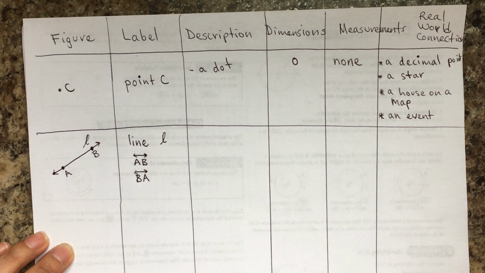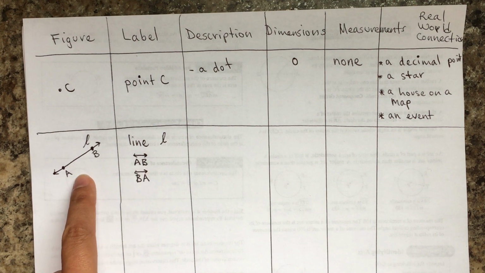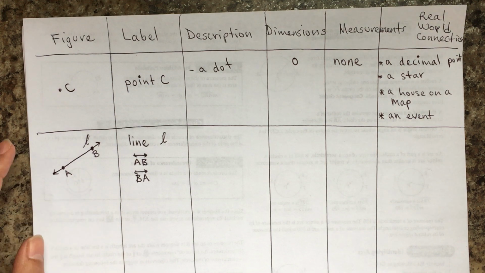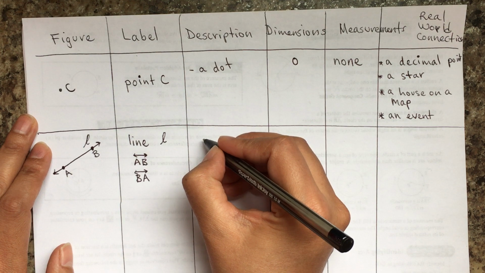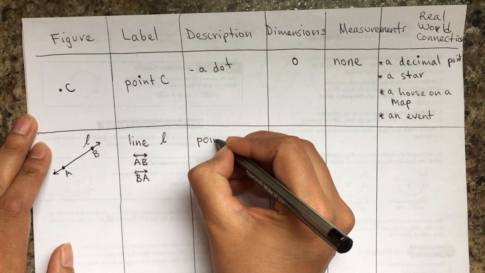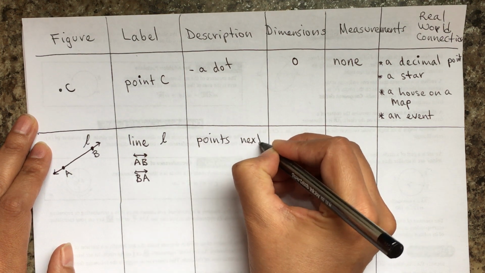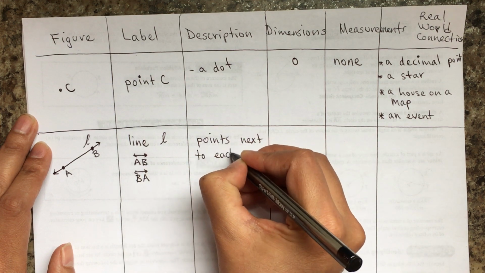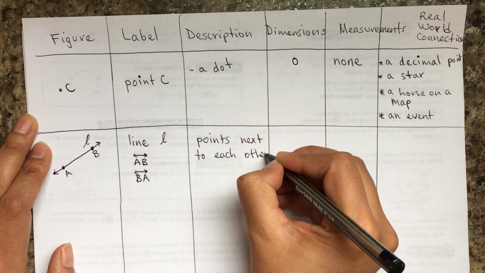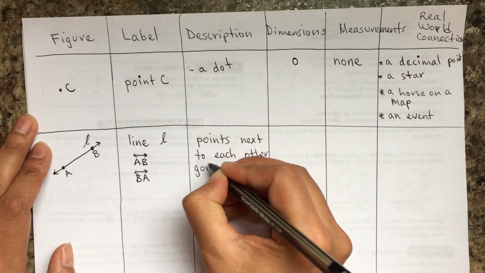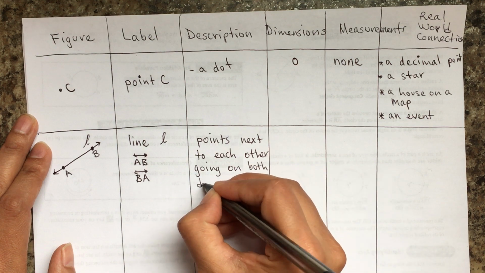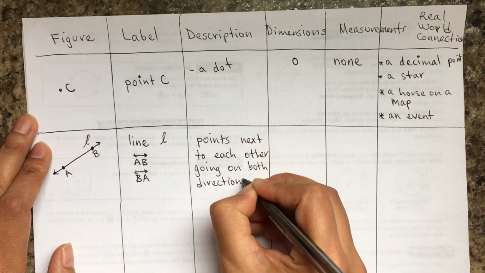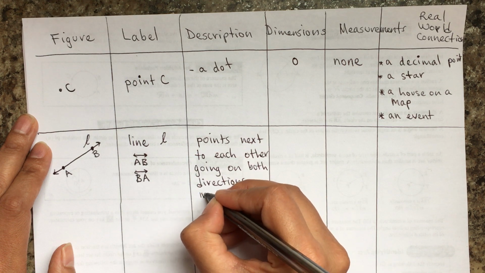Okay? And so again, this does not have a definition, but it can be described as points next to each other going on both directions infinitely.